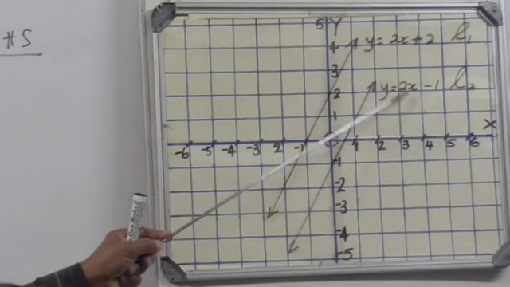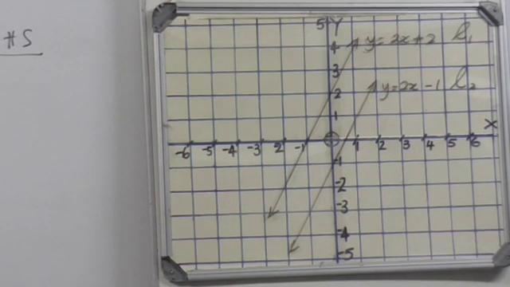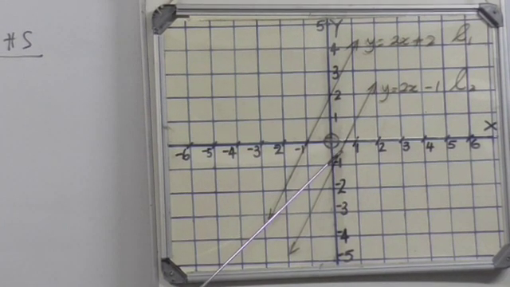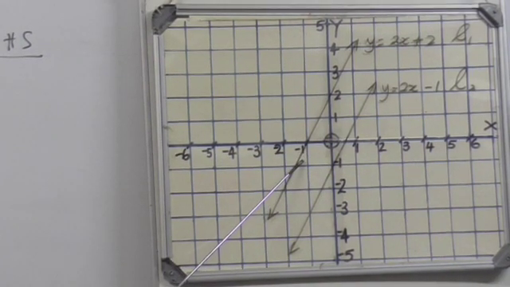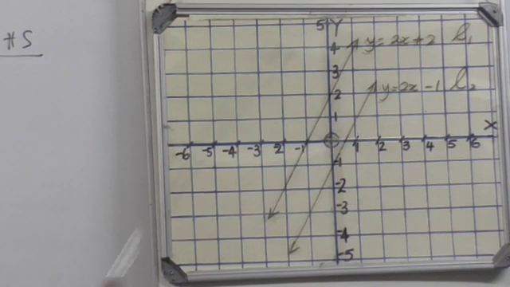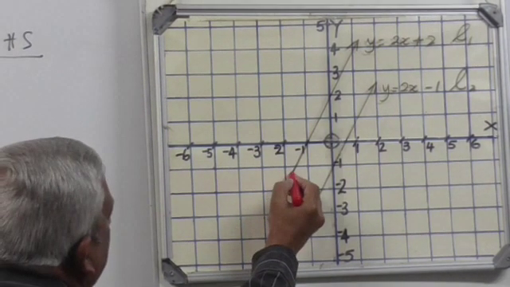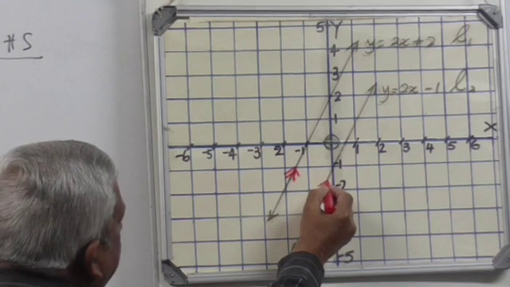If you want, you can put your protractor and measure this angle here and this angle here. You will find the corresponding angles are equal. Therefore, these lines are parallel. That would be proving that the lines are parallel using geometry.